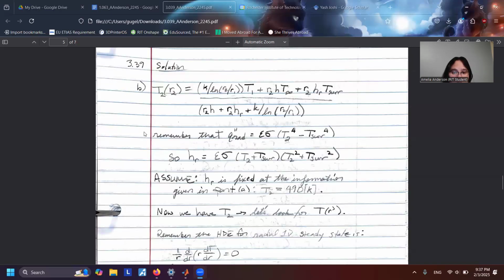We can also say, if we remember a couple of things, this is just a brief explanation of h sub r. If you guys recall from radiation, if you do some algebra over here, some factoring, h sub r is equal to emissivity, Boltzmann constant, and a few other terms.